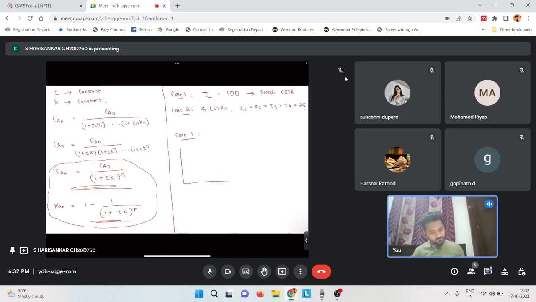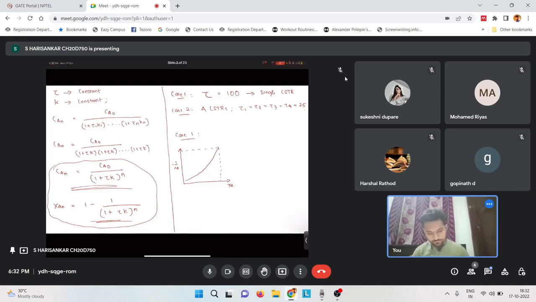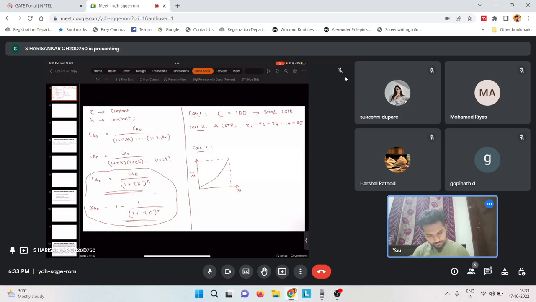So in case one, if we draw with respect to minus 1 by RA and conversion XA, this is our operating line, and the entire area under this rectangle will be the volume of our CSTR, right?